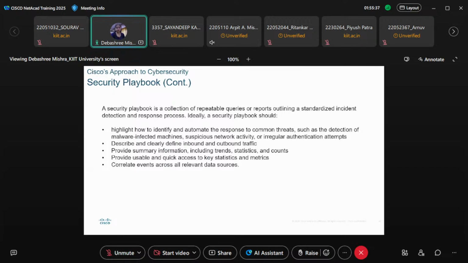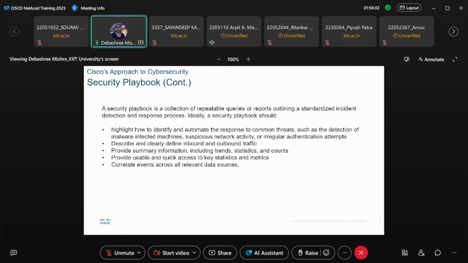In it they will identify the particular risk and then automate the response. What are the common threats? Based on the detection of malware, the infected machines, the suspicious network activity, and the irregular authentication attempts that have been made by this particular attack.